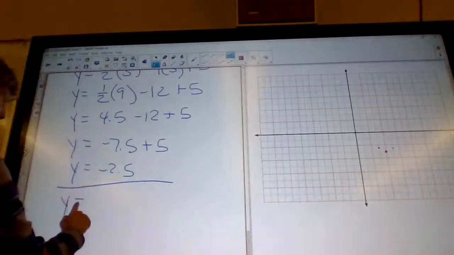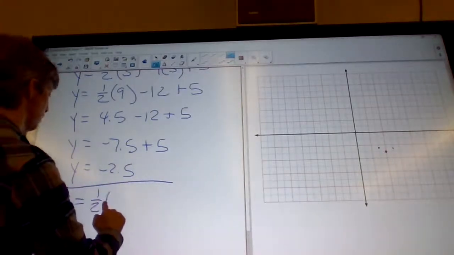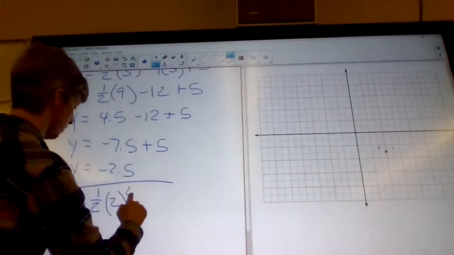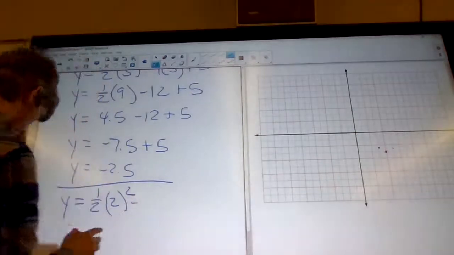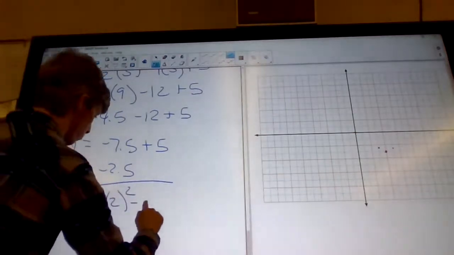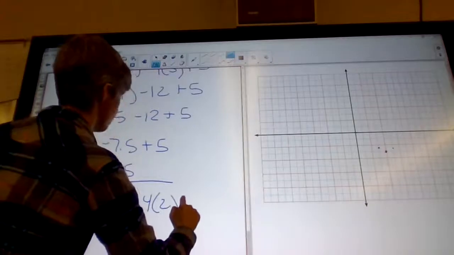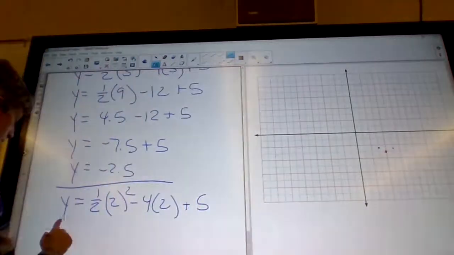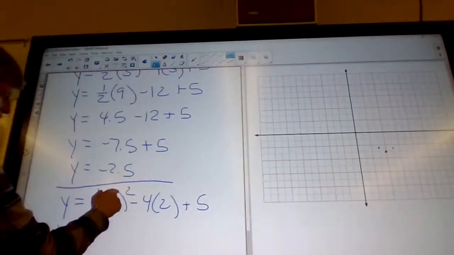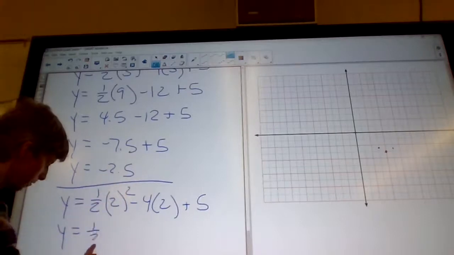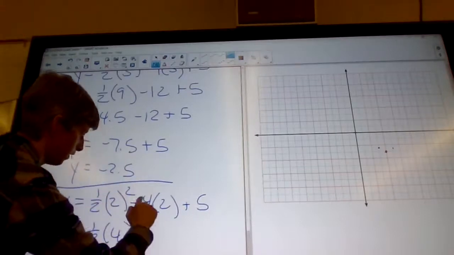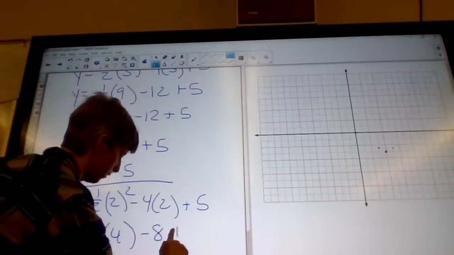So y equals 1/2 times 2 squared minus 4 times 2 plus 5. 2 squared is 4. -4 times 2 is -8 plus 5.